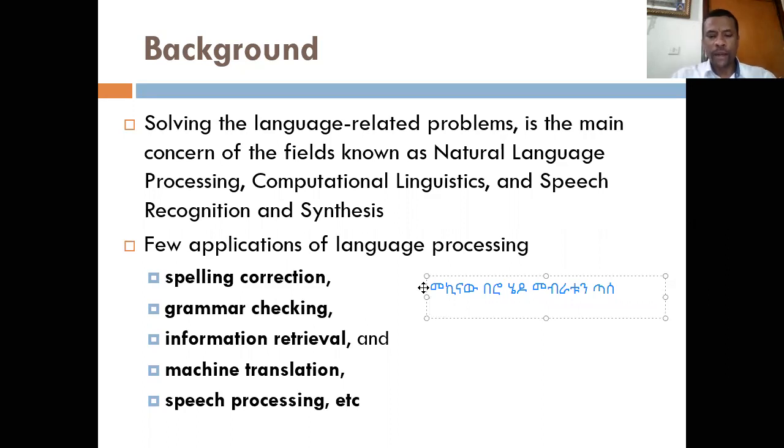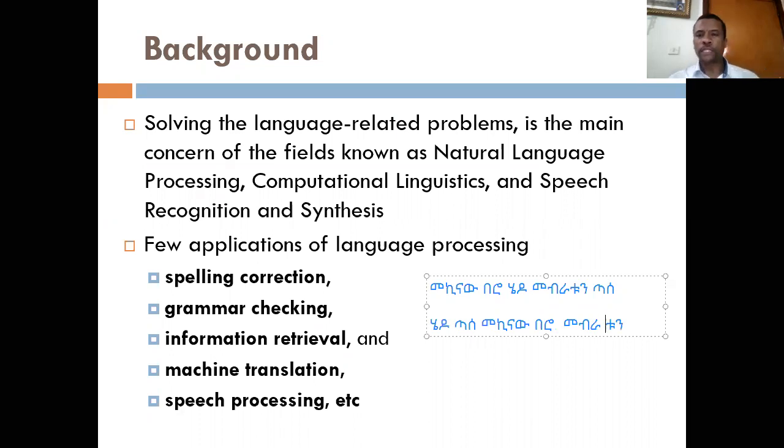But what if I write it in such a way? What if I write it like this?